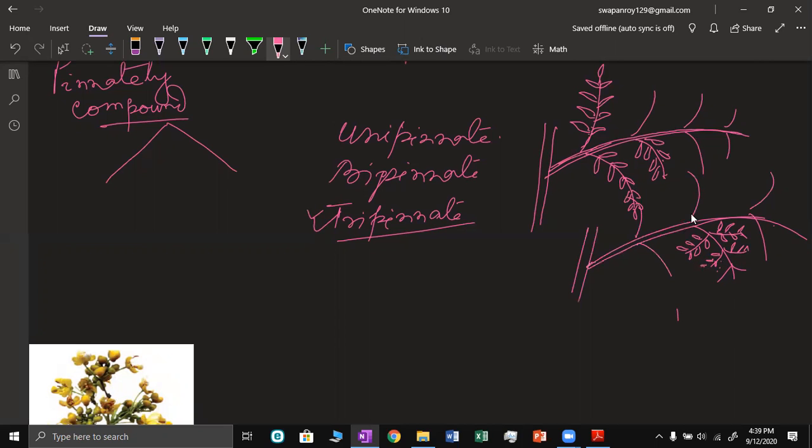So this is bipinnate, this is tripinnate, and like this many.